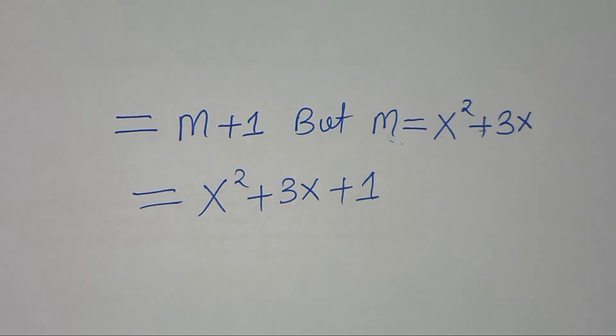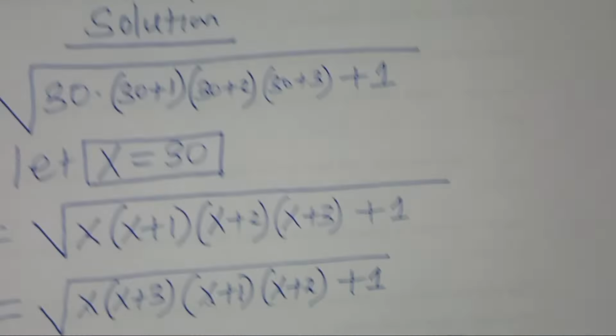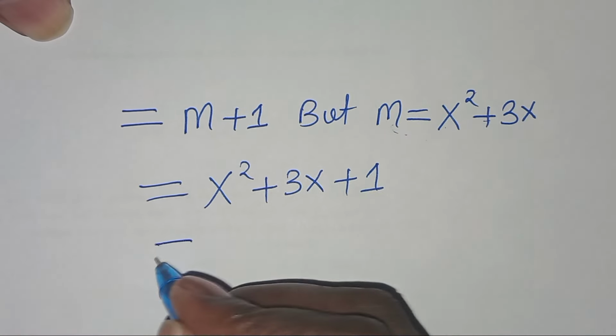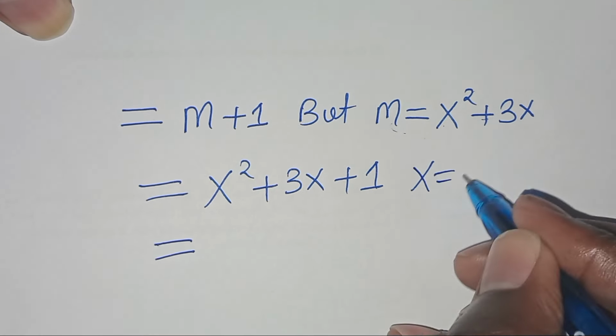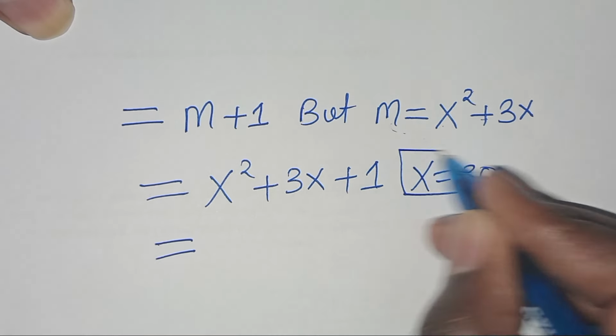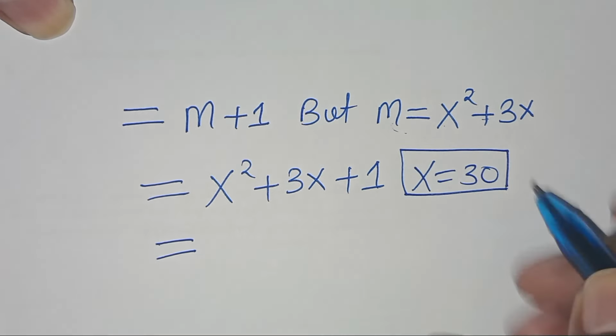But we have the value of x from the start. We had that let x be equal to 30. So let's substitute this. Substituting the value of x here, x is equal to 30, here we'll have 30 squared plus 3 times 30 plus 1.